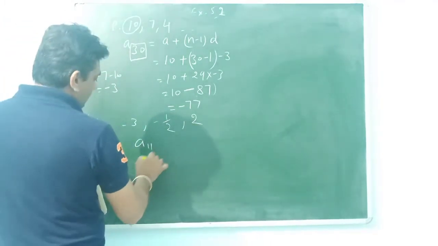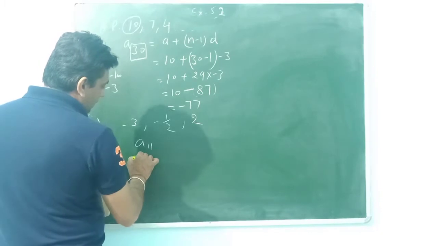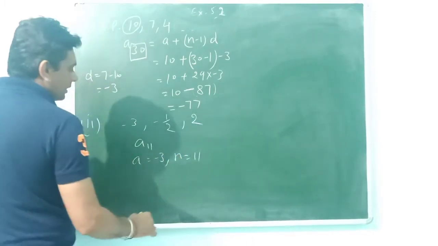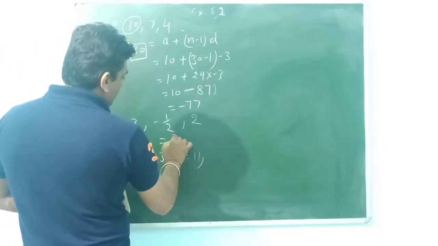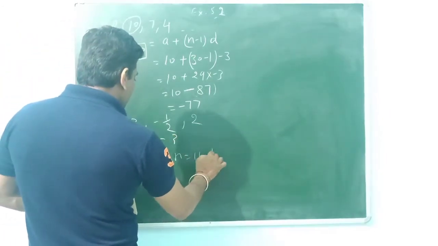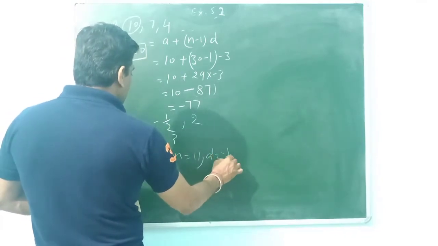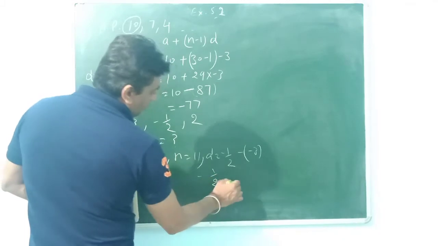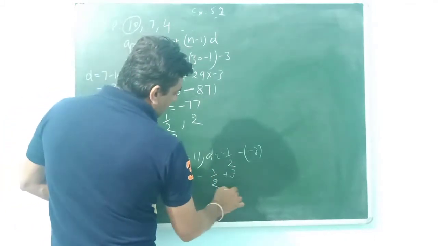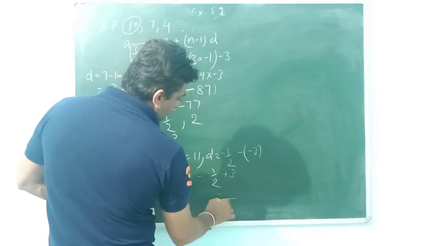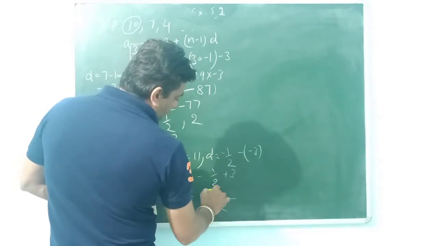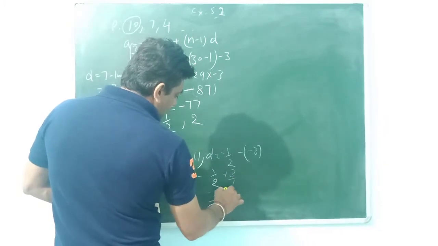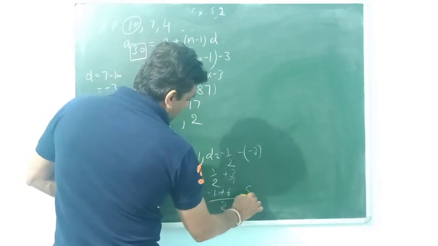For A11, A is equal to minus 3, N is equal to 11, and D is equal to minus 1 by 2 minus minus 3, meaning minus 1 by 2 plus 3. Taking LCM, 2, minus 1 plus 6, means 5 by 2.